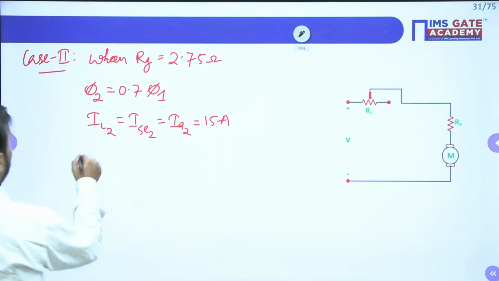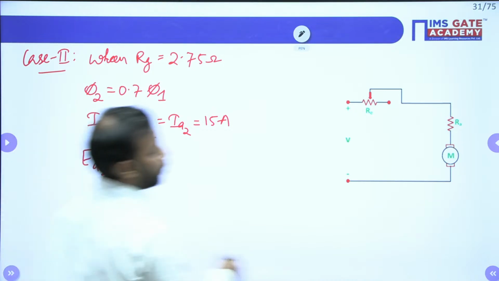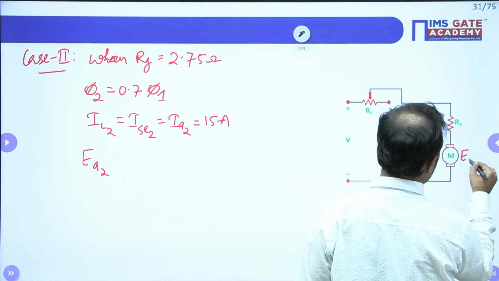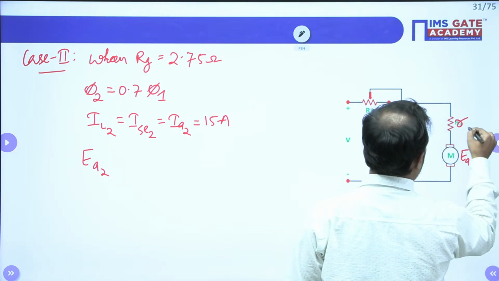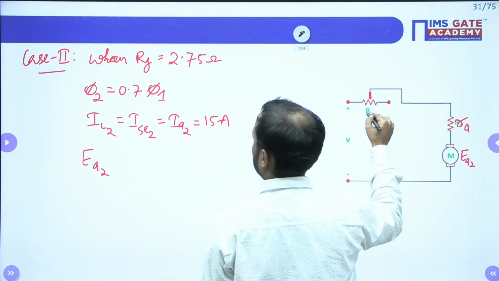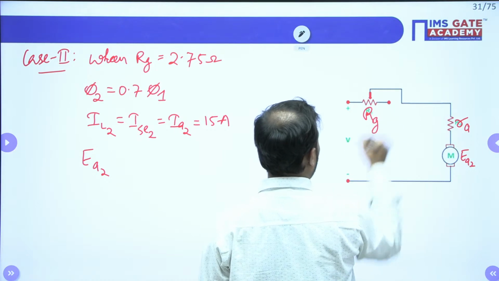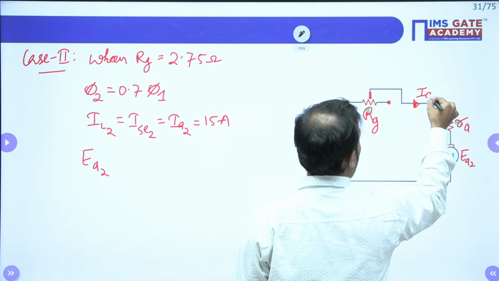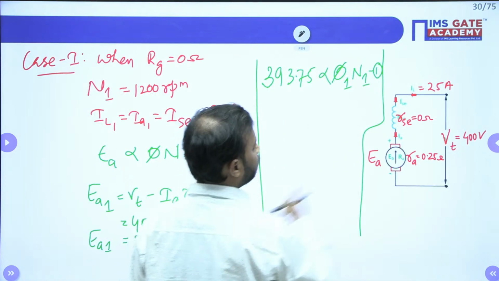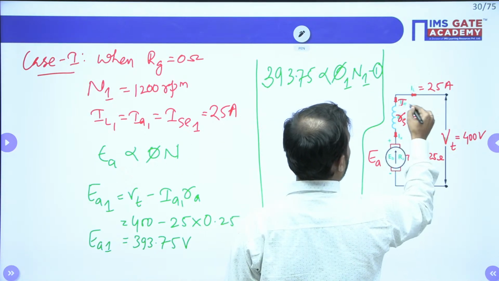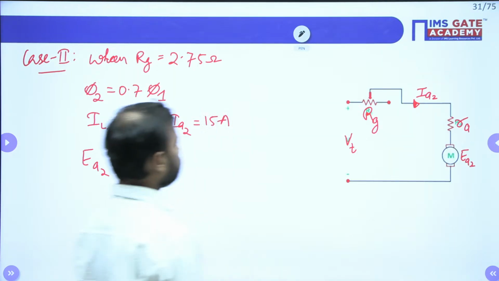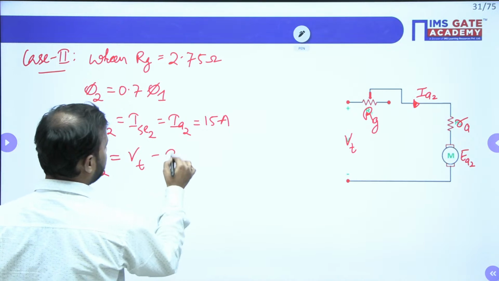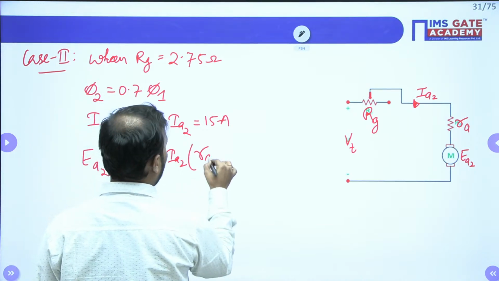All right. So we have EA2, the EMF, and this is RA, and this is RG, and this is VT. The current here is IA2. So EA2 is equal to VT minus IA2 times (RA plus RG), since RG is included.